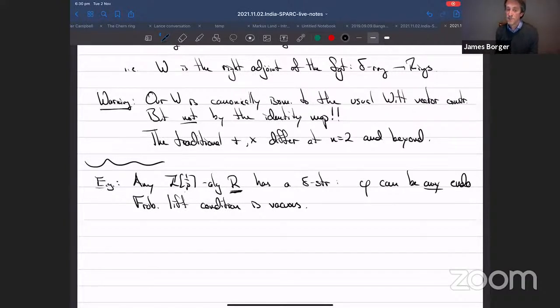If it's a finitely generated ring, that won't happen unless it's something like a product of finite fields. Okay, you can have other ones though.